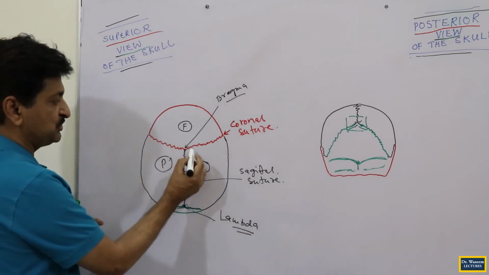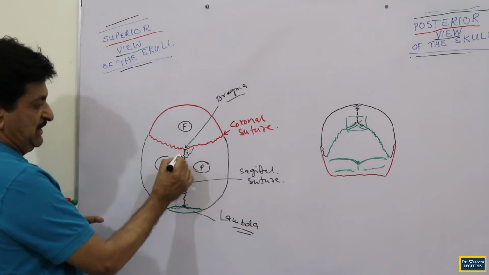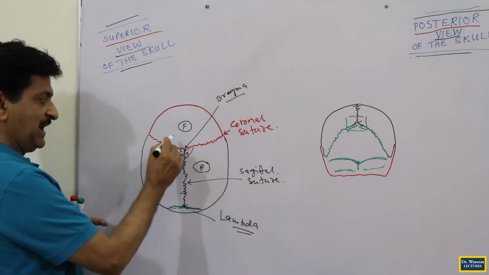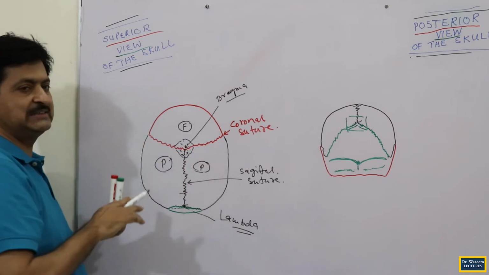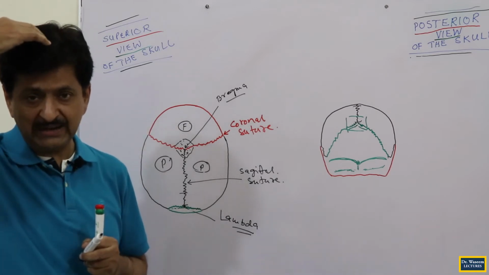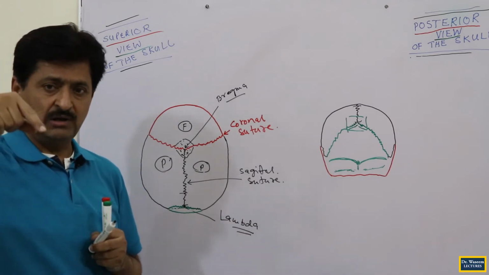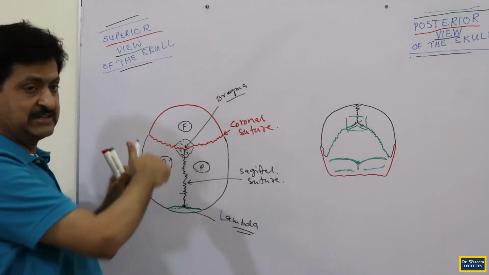So this portion of the parietal, and similarly this portion of the other parietal, as well as the adjacent part of the frontal, are not yet ossified. When the baby is born, around the bregma point, you see two parietals sideways and the frontal bone anteriorly.